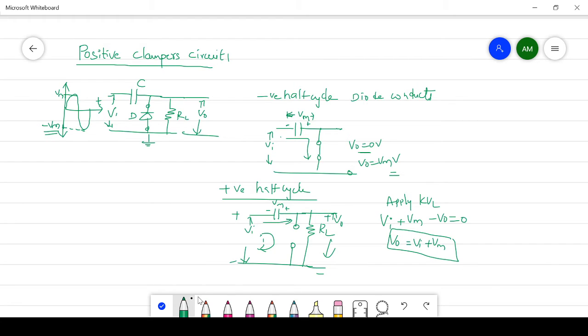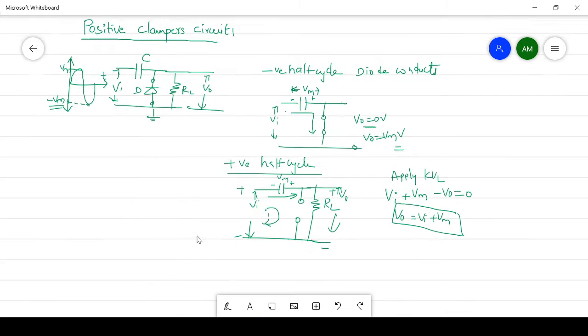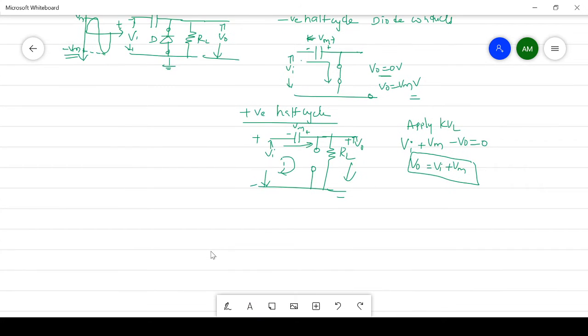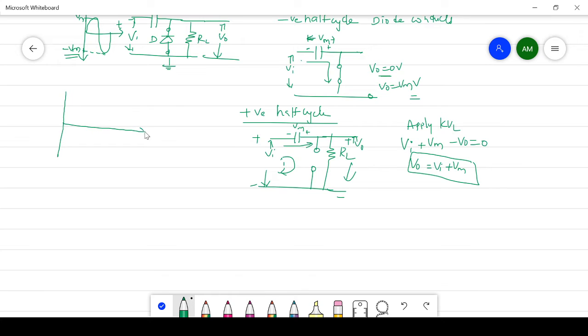Now how can we draw the waveform? What is the input waveform here? A sinusoidal signal. This is the input voltage.